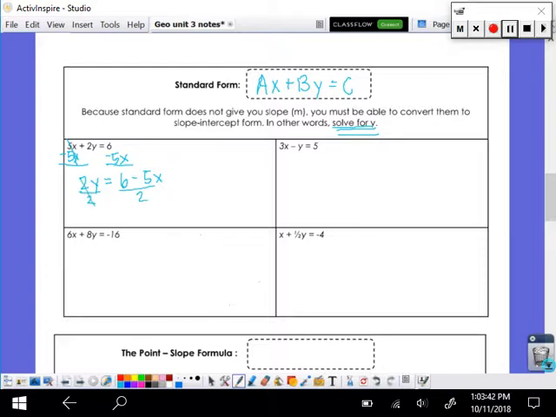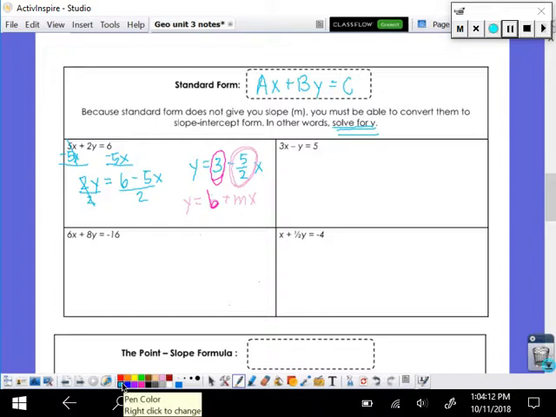We do want to simplify this, so y equals 6 divided by 2 is 3, minus 5 divided by 2, we will leave it as a fraction, x. So that is our slope-intercept form. Written a little differently, we have y equals b plus mx. Okay, so this is our slope, and our b is 3.